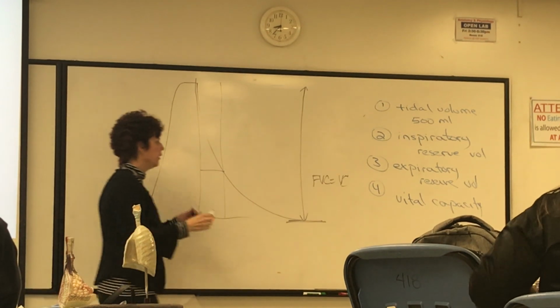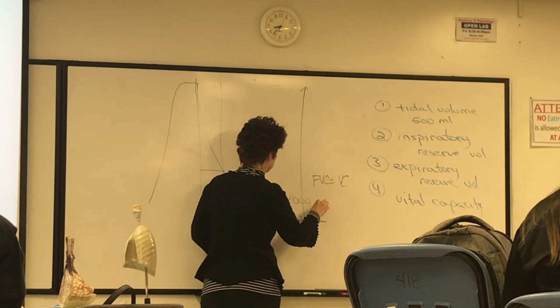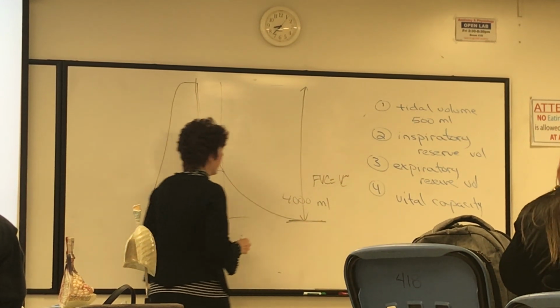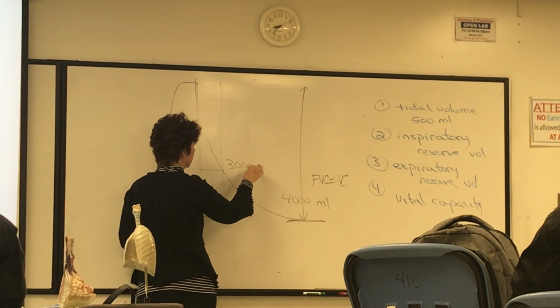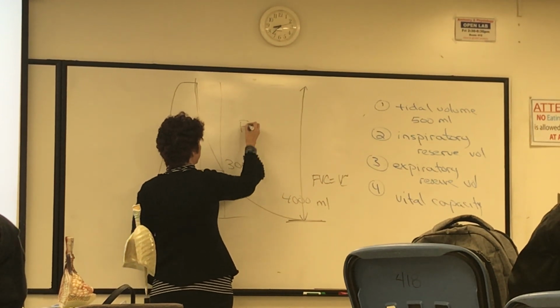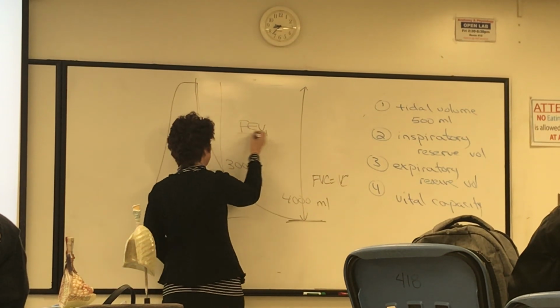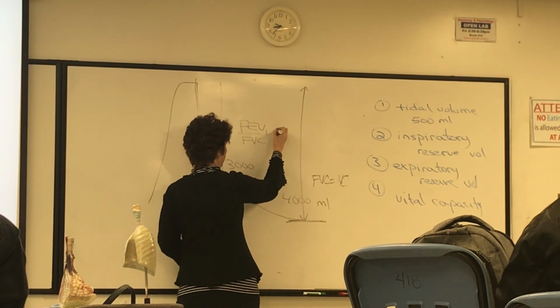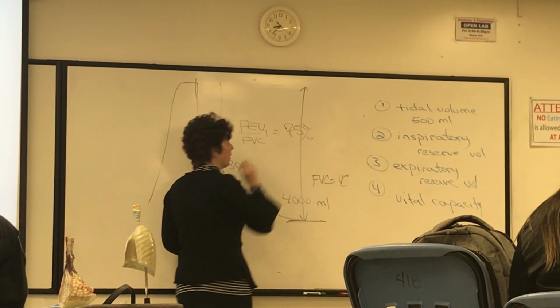Okay? So if your vital capacity is 4,000 mils, and at 1 second you've blown out 3,000, then your forced expiratory volume at 1 second, your FEV1, FVC ratio, this is always given in percentiles, is going to be 75%.